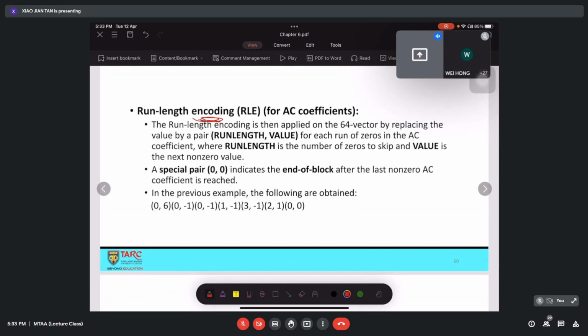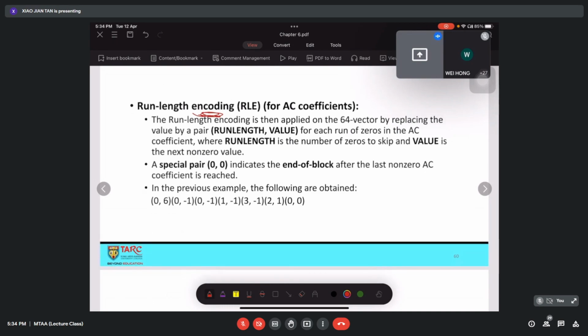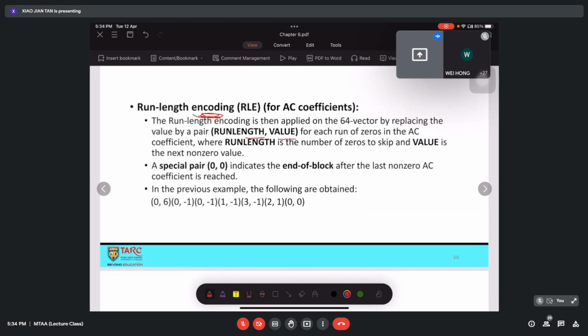But please do not restrict yourself to thinking that only run length encoding is available, because we have different approaches for different compression or different processing of data, especially in terms of storing the data in computer science. So RLE is part of it. Okay. So the run length encoding is then applied on the 64 vector by replacing the value with the run length and the value. Okay.